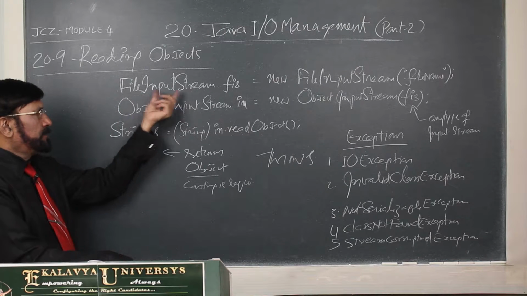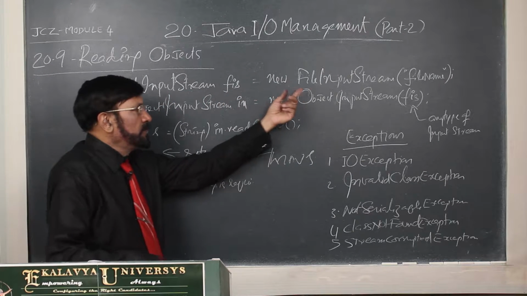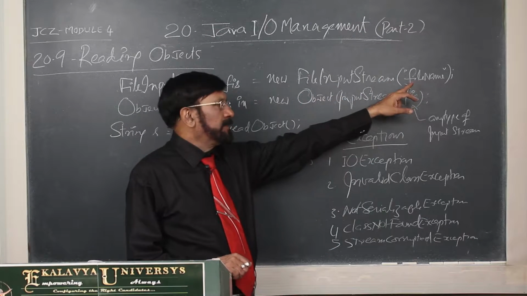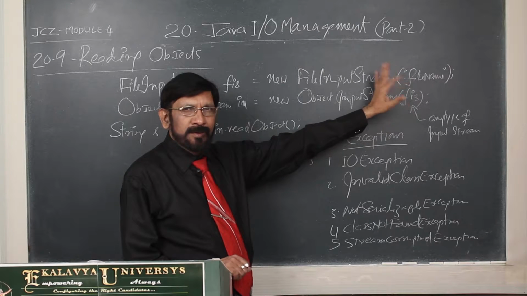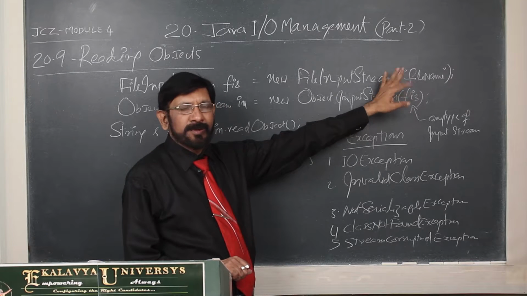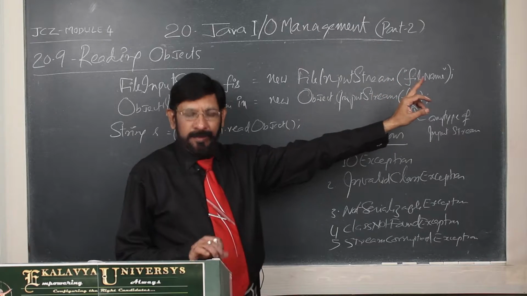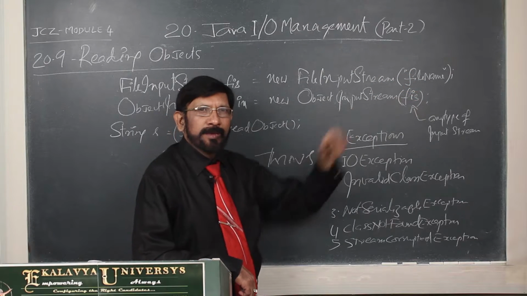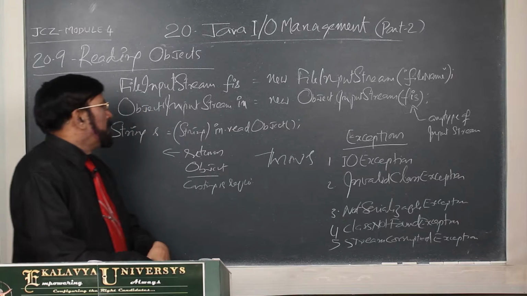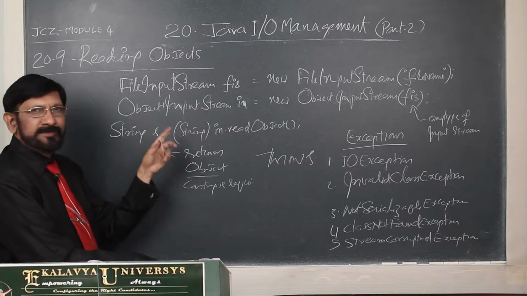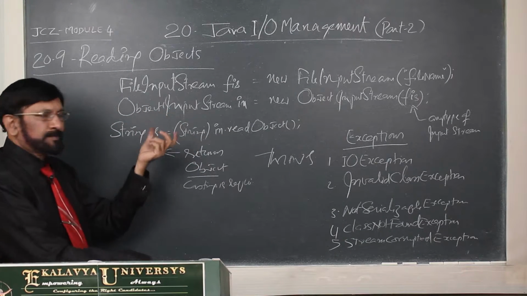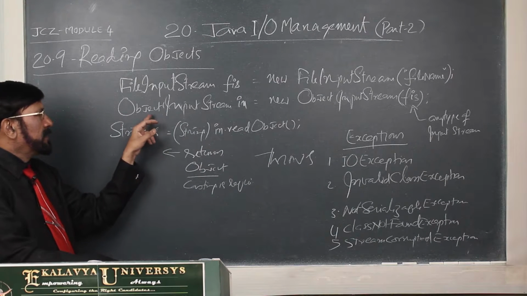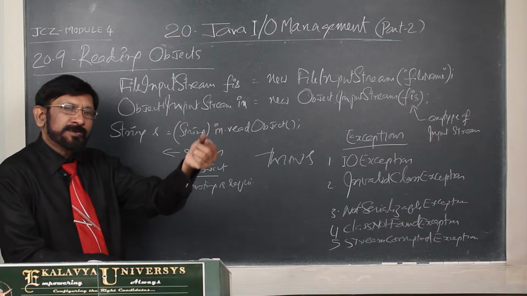Now, FileInputStream FIS, new FileInputStream with the file name. If you are given a file name, this is a low level stream class, because we have given a source of data to this. Thereafter we are layering this, because this is a specialized class created for reading objects from a file.